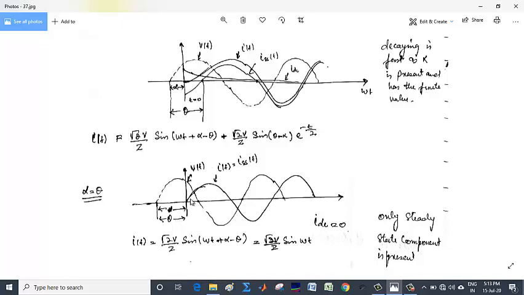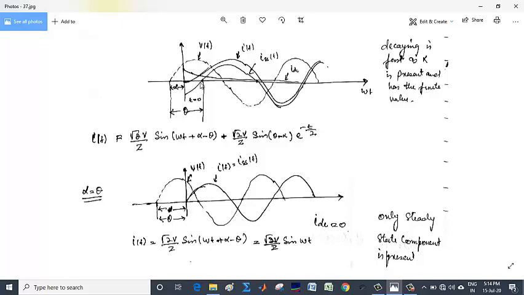In this case, you will see that this is the steady state current, which is the total current, and this is the voltage. Since the value of the steady state current at t equal to 0 is 0, the DC offset current has to be 0. It is already 0. There is nothing to be added or subtracted to make the current equal to 0.